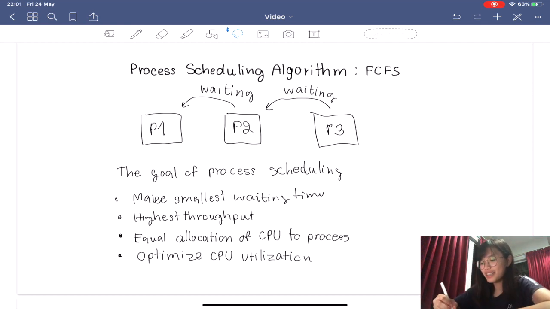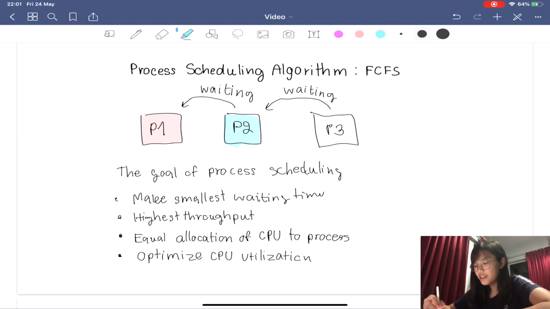Like in this picture, P1 is the first order that the CPU needs to execute instructions for, and the incoming task P2 arrived, and P2 has to wait for P1 to finish its task first, so the computer can run the instructions of P2.